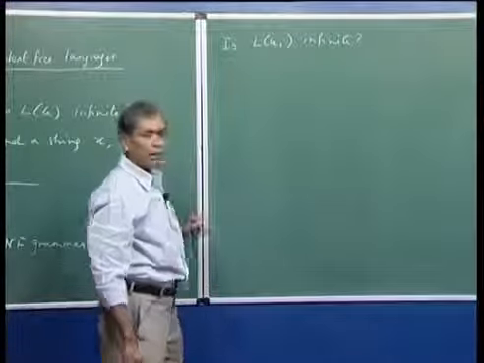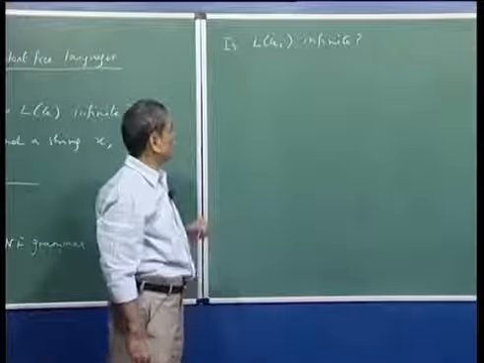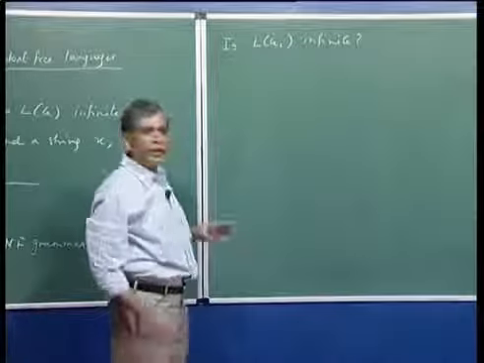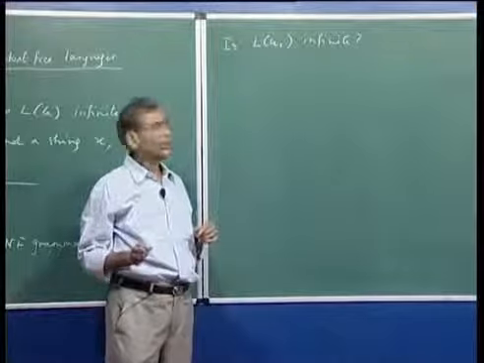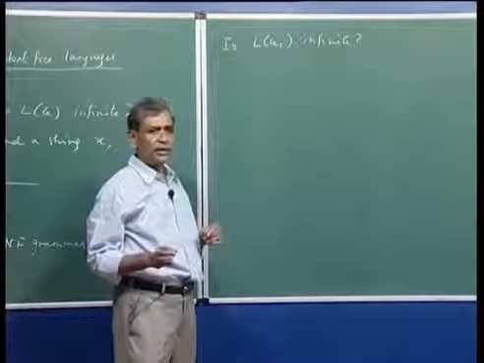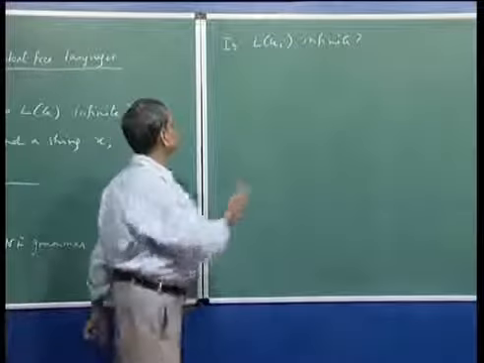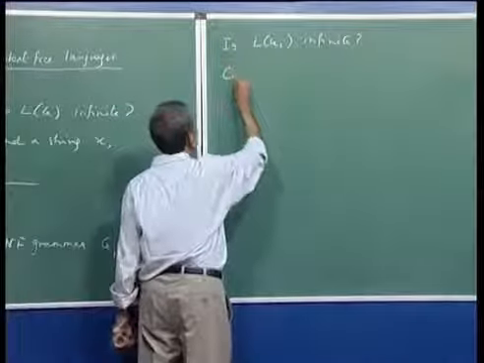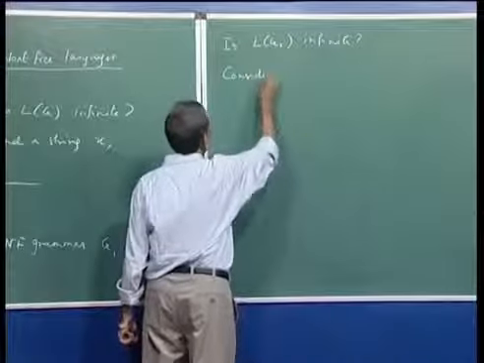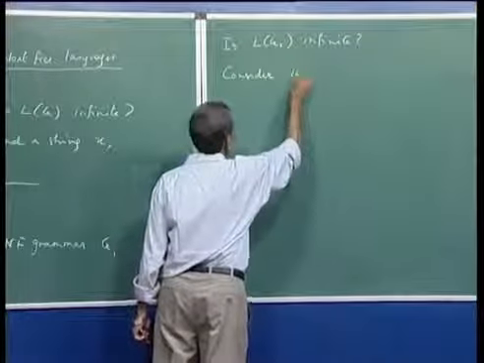The way we do it is actually quite straightforward. We create a directed graph for the non-terminals of the grammar G1. So, let me define this. Consider the directed graph.